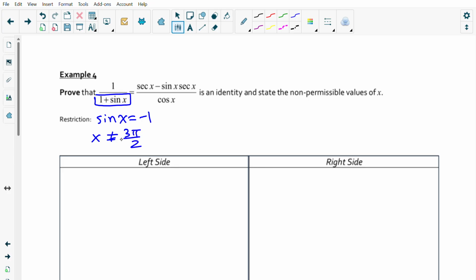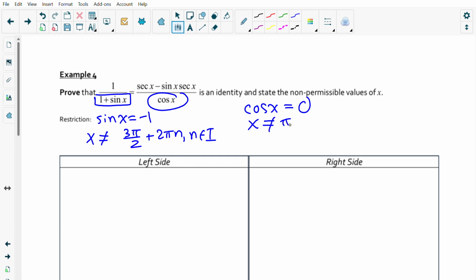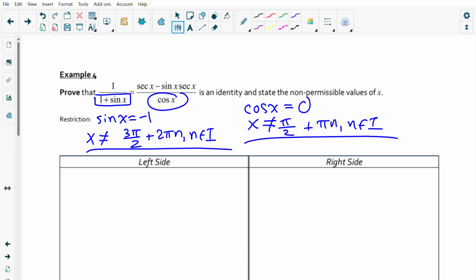X cannot equal 3 pi over 2, and that occurs every 2 pi n units, so n is an element of all integers. The other one is cosine of x equals 0 for this one. Okay, so x cannot equal pi over 2, and that's every pi n units, n is an element of all integers, so I have 2 restrictions.